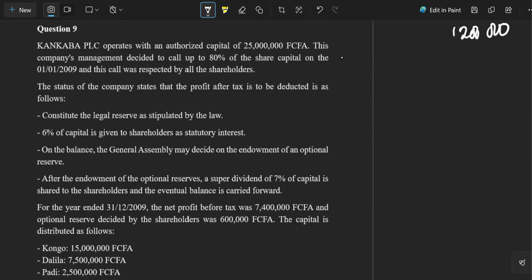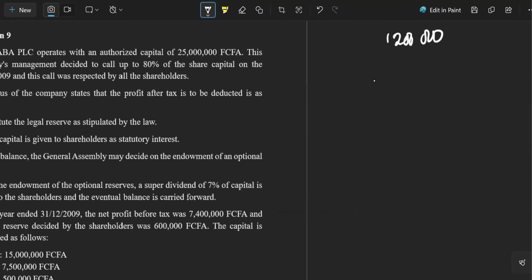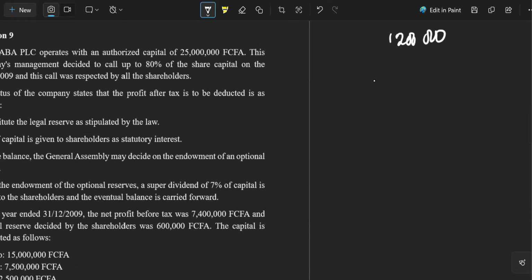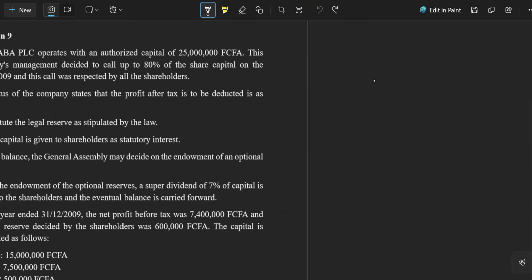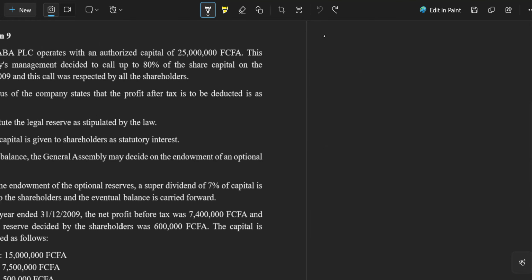Now there was the optional reserve, which according to the question was 600,000. So we have 600,000 here.